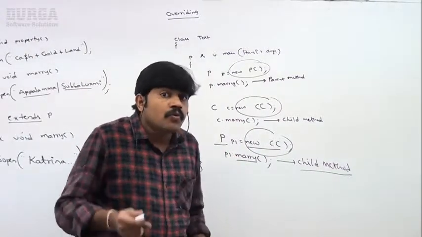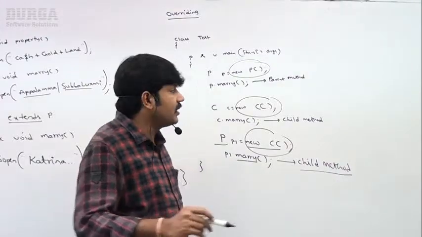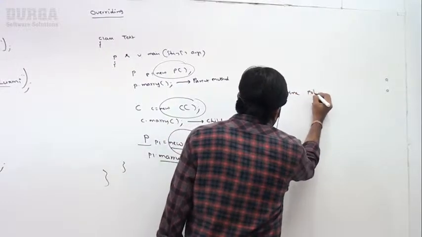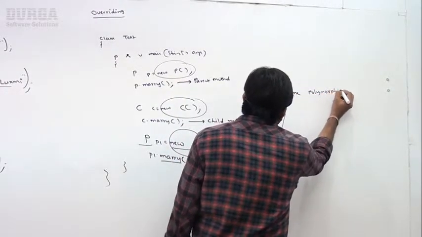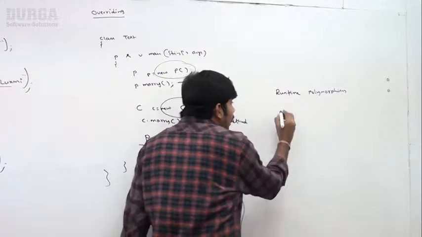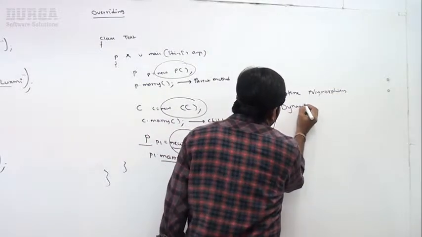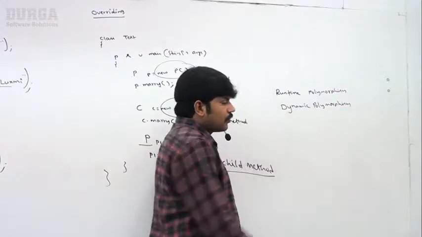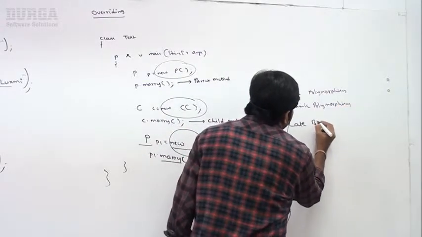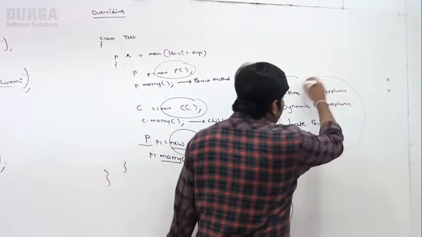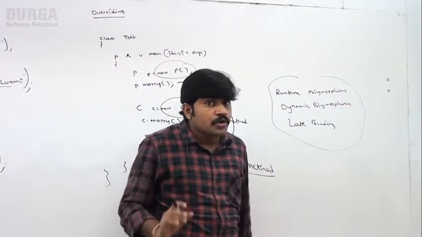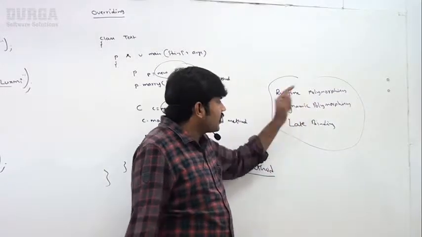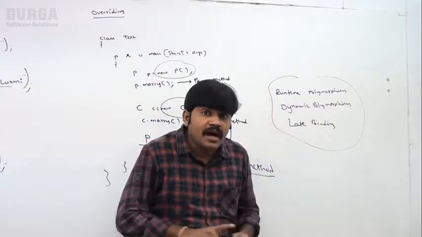Remember, that's why overriding is also known as runtime polymorphism, or dynamic polymorphism, or late binding. Are you getting it? Please make sure you are aware. So overriding is also considered as runtime polymorphism, dynamic polymorphism, or late binding.